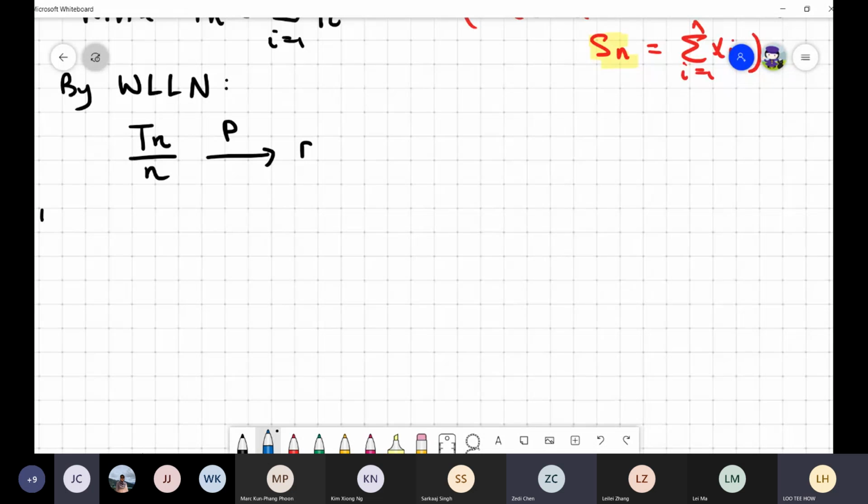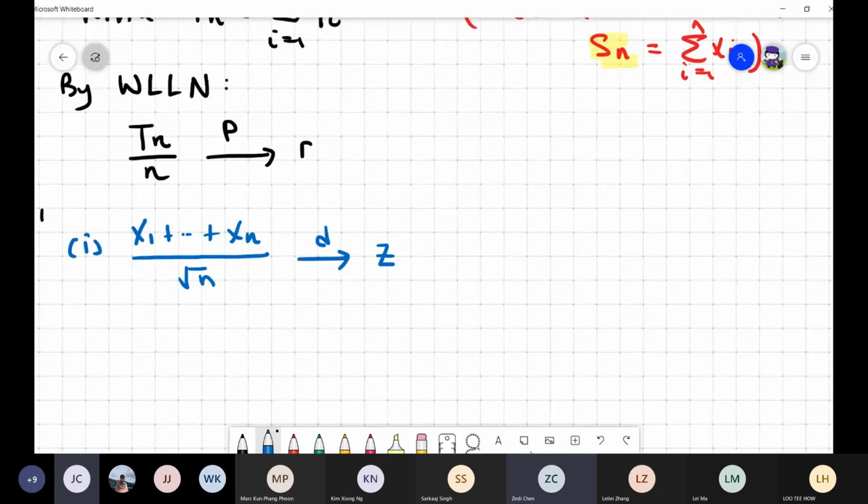Okay, first thing, we know this Sn over n. I think I don't want to use Sn. I better use X1 to Xn over square root of n. So this one converges to Z, a normal distribution.